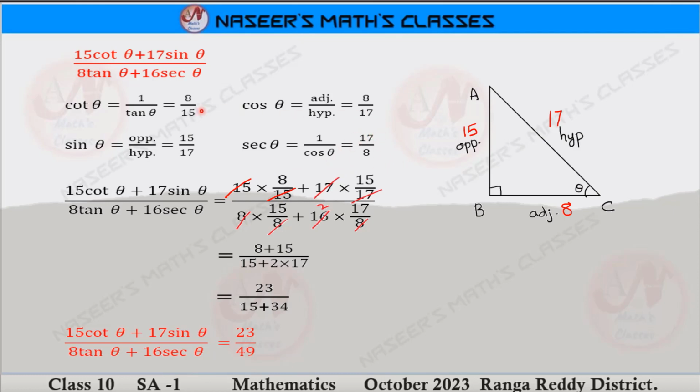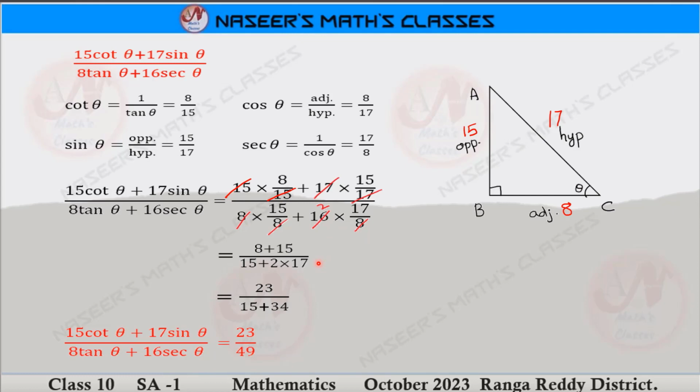Now we substitute these values in the given equation, then we can write it as 15 into 8 by 15 plus 17 into 15 by 17 upon 8 into 15 by 8 plus 16 into 17 by 8. Now here we can cancel: 15 ones are 15, 8 ones are 8, 17 ones are 17, and 8 twos are 16.